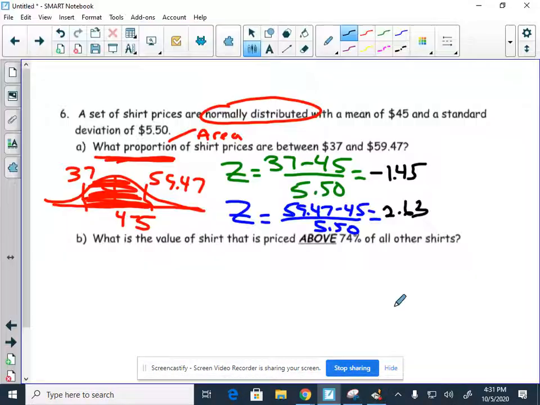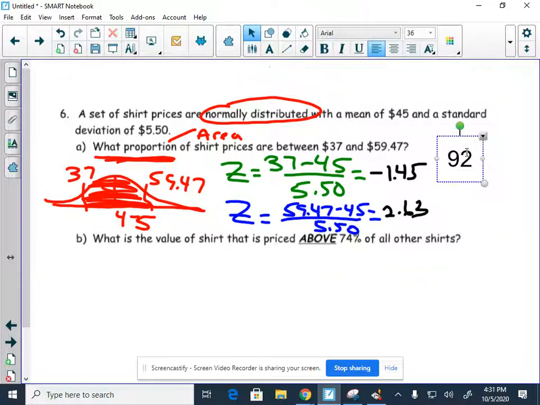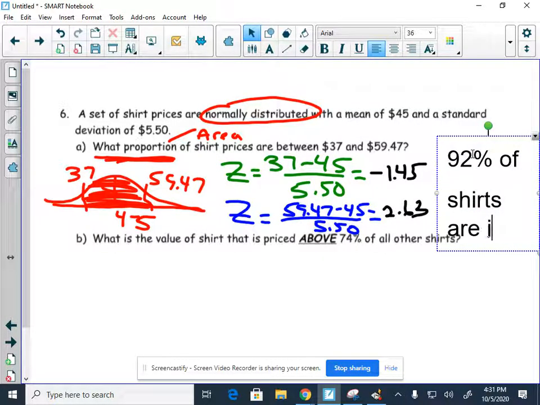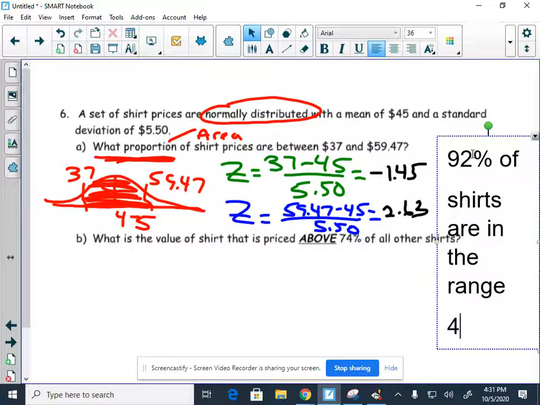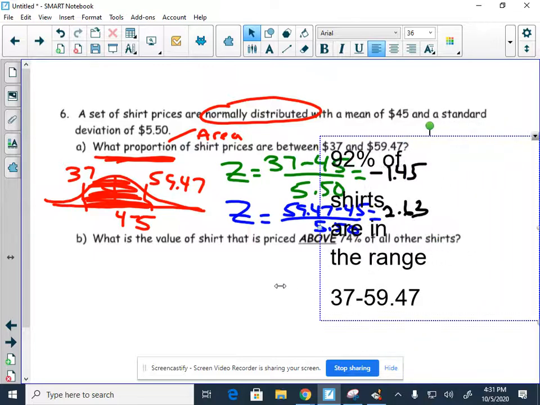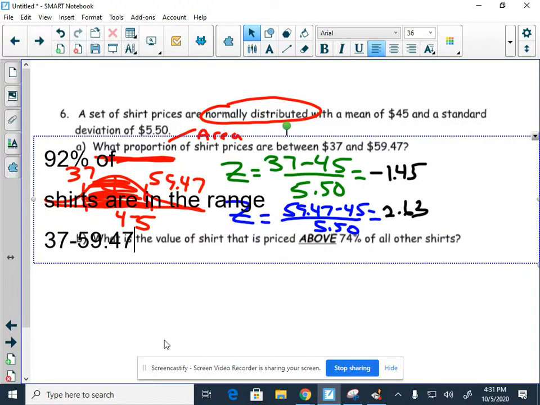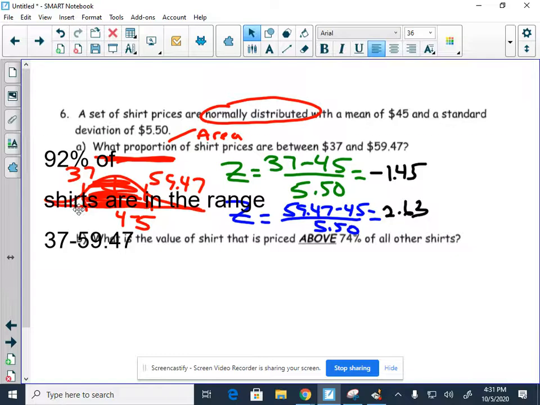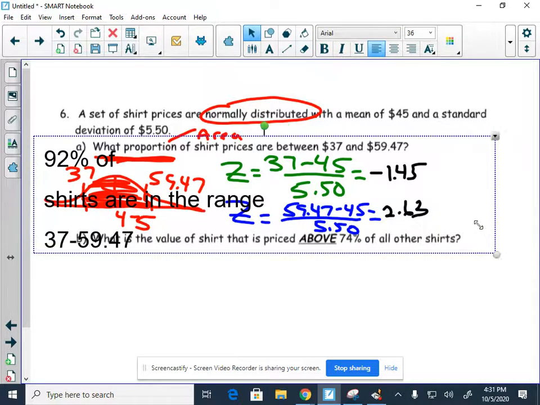And this one is going to be 92%. Put the context up here, shrink it up a little bit. Sorry, it's kind of messy right now. I'm going to clean it up.